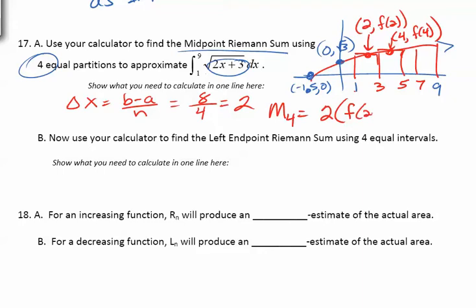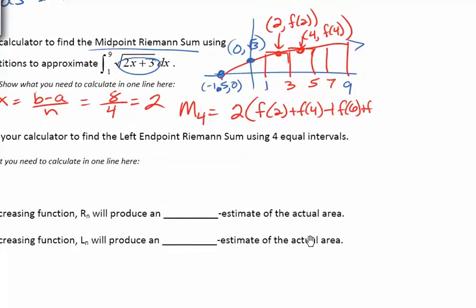So f of 2, f of 4, f of 6, and f of 8. Okay, and then you can do some of that arithmetic by hand, or you could go right to your calculator, put the function into your calculator, and I have approximately 28.389.